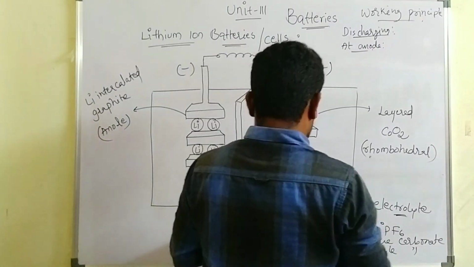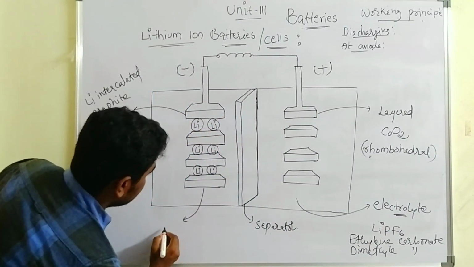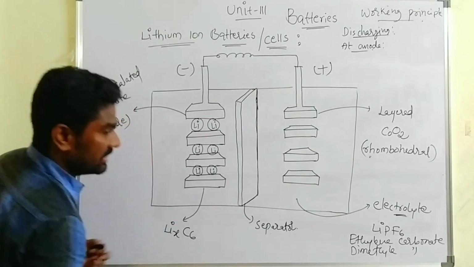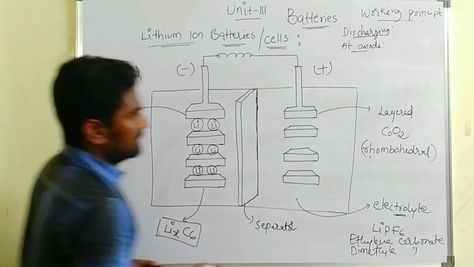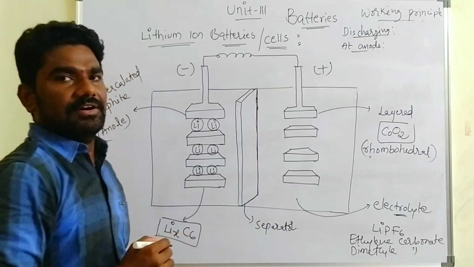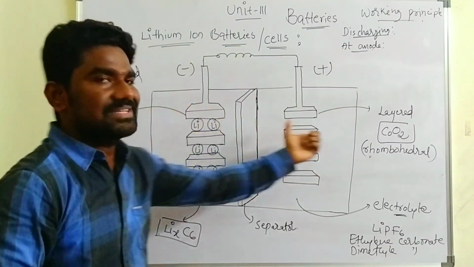At anode, actually, what we have? This one is lithium intercalated graphite, isn't it? This is a layer type of the cobalt oxide, isn't it? This one is the anode, this one is the cathode.